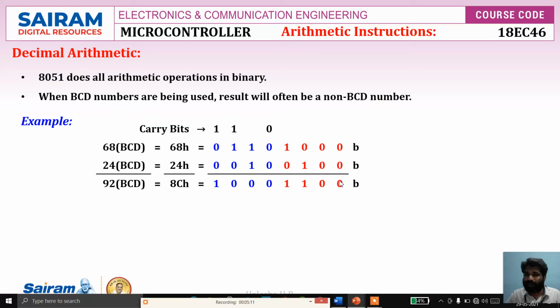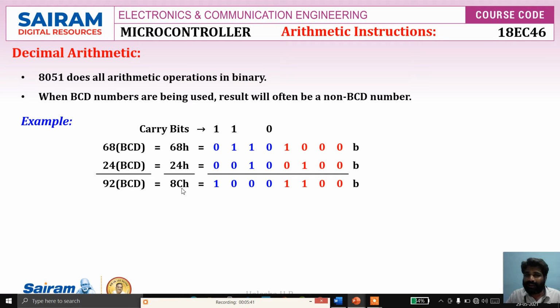If you do it in binary, the upper nibble is 8 and the lower nibble is 1100, which means 12, that is C. Directly you can observe 8 plus 4 is 12, and 12 means C. But 8C is a non-BCD.